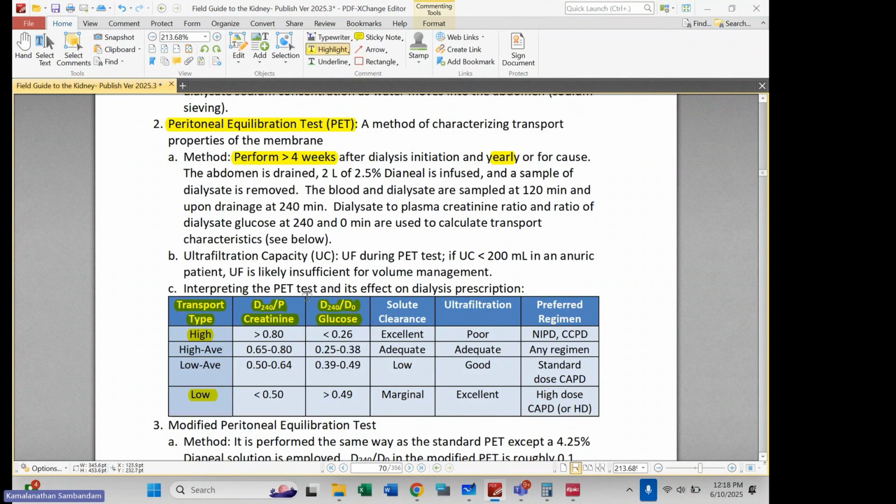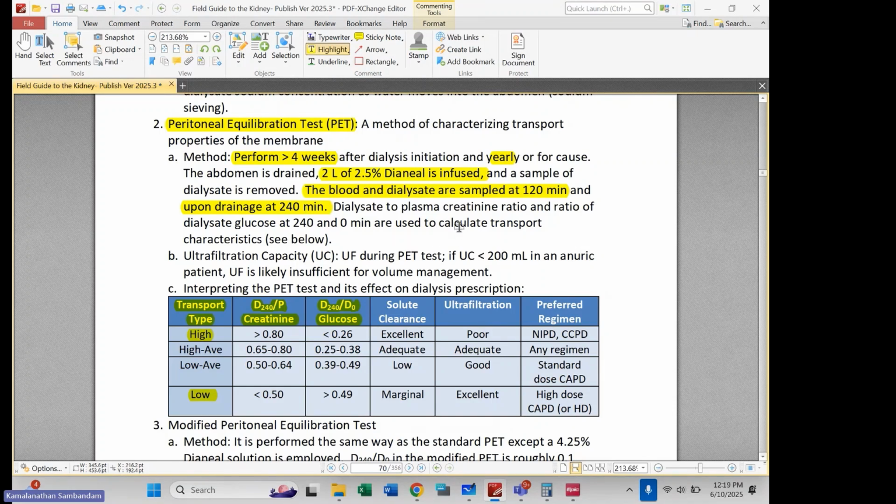So what are we using to describe these peritoneal transport characteristics? We put fluid in the abdomen. The standard practice is to use a 2-liter fill of a 2.5% Dianeal bag, okay? And then we sample the blood and dialysate at 2 hours and then at 4 hours, okay?